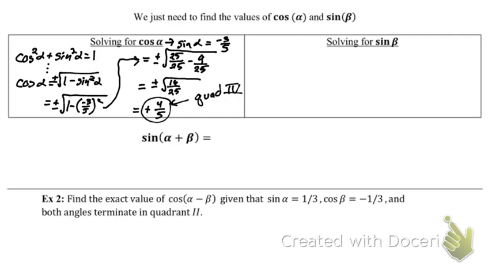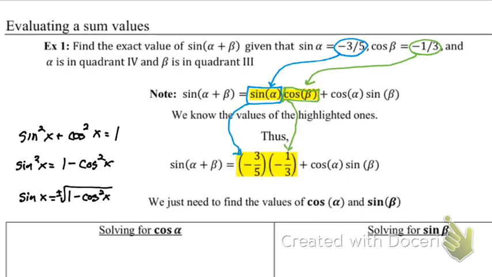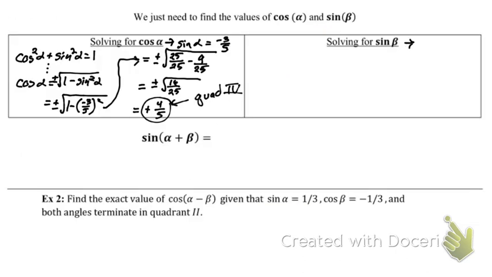All right, another one is looking for sine of beta. So you're going to look back up at your original problem and see what beta has to do with it. Well, it says cosine beta equals negative 1/3. So we're going to use the fact that sine of beta is going to equal plus or minus the square root of 1 minus cosine squared beta.